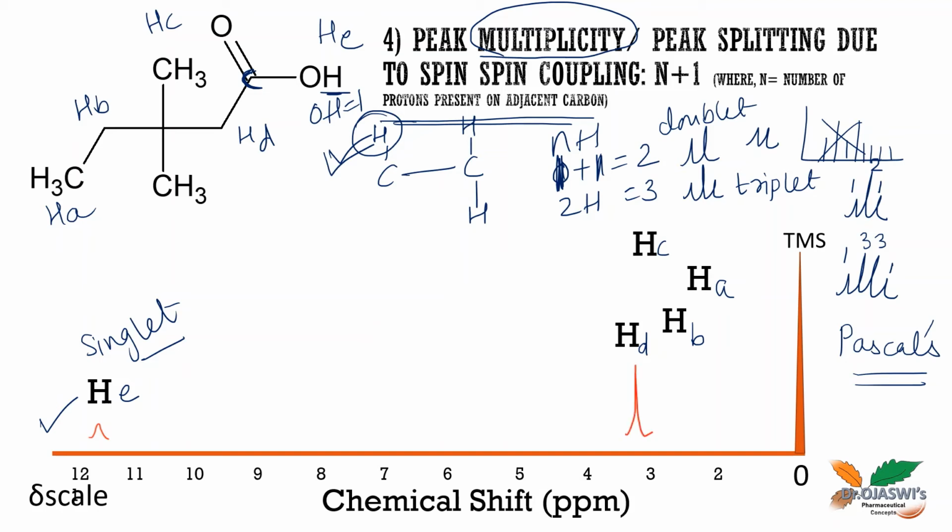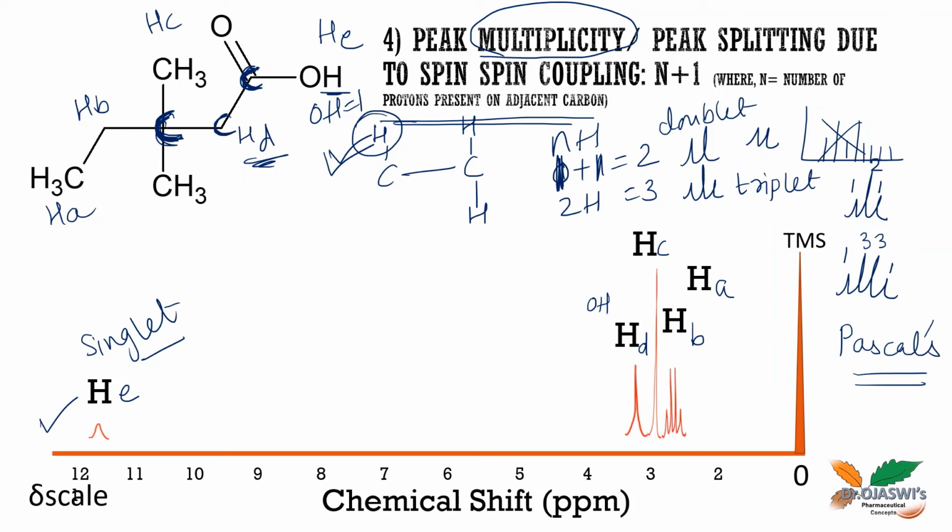Next is again a singlet for HD, because adjacent to HD this carbon is there on which there is no hydrogen. So 0 plus 1, singlet, so singlet for HD also. Then next again singlet for HC also, because what is adjacent to CH3 is this carbon, and on this carbon there is no hydrogen, so singlet for HC also.